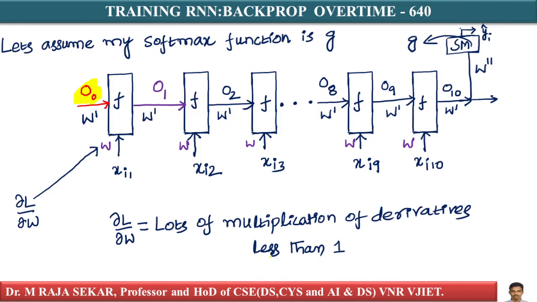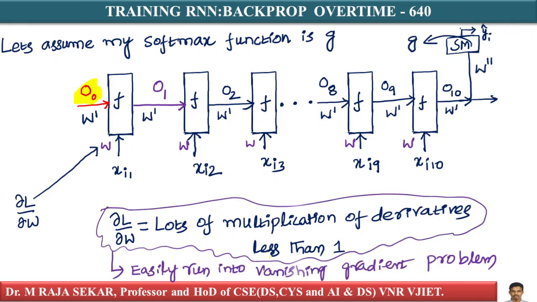If you recall our multi-layer perceptron chapter, we realized that you have lots of multiplications and most of the values are less than 1. Actually, we can easily run into the vanishing gradient problem. That's important.